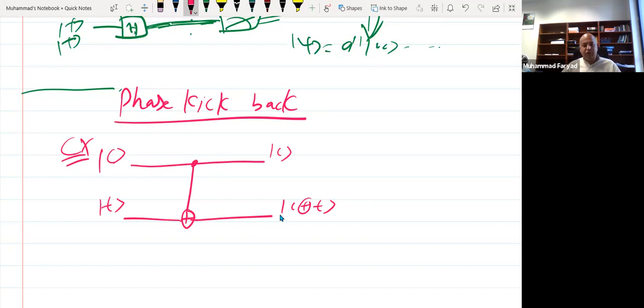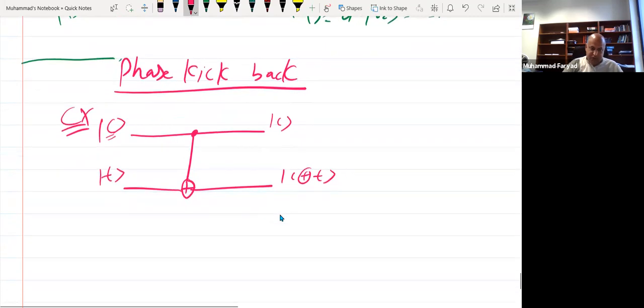But we can prepare our controls and targets in certain ways that we can actually have a phase which is present as a global phase. So if we are able to set our target in a certain way that the total phase that is applied to the circuit is a global phase, then by having different superpositions of these controlled inputs, we can get phases for different combinations of inputs. And let me describe how.